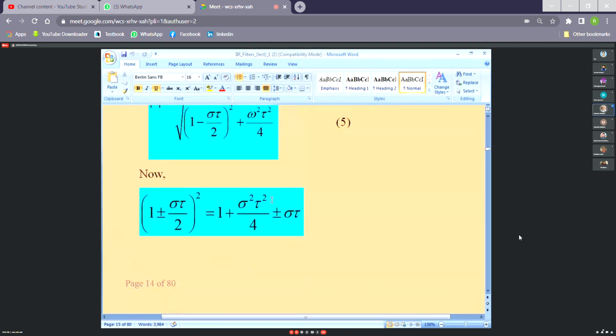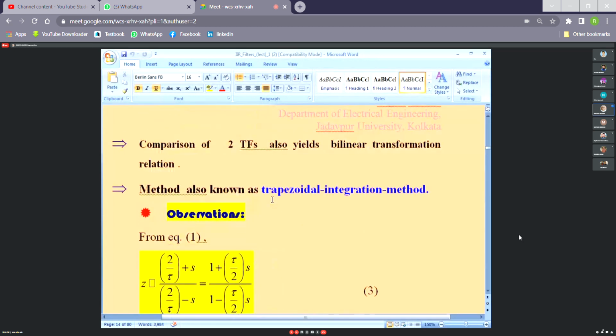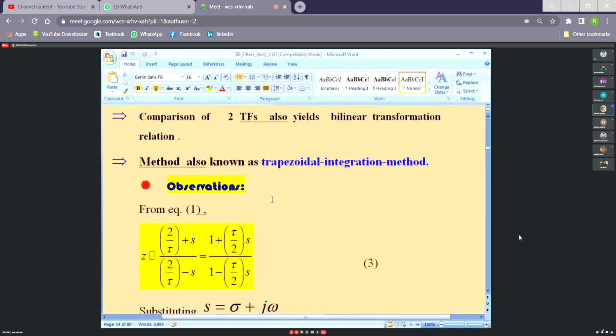First, write down this part. Since we are deviating from the exact relation between S and Z and opting for an approximate relation, everything cannot be the same.